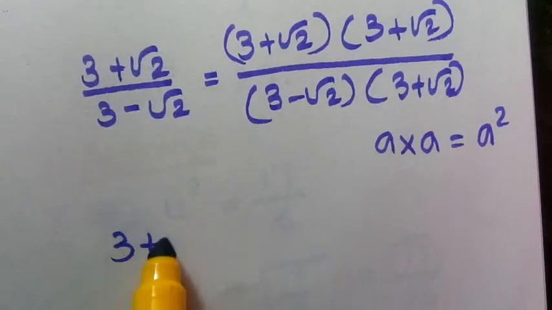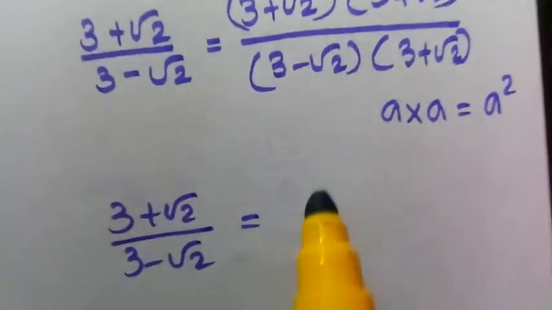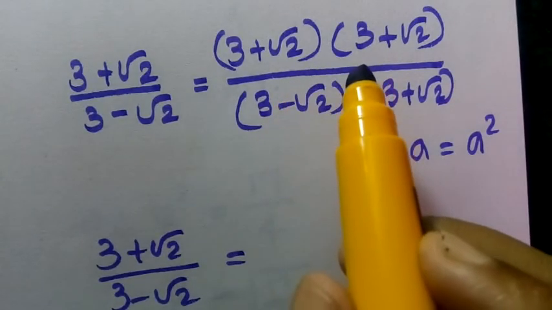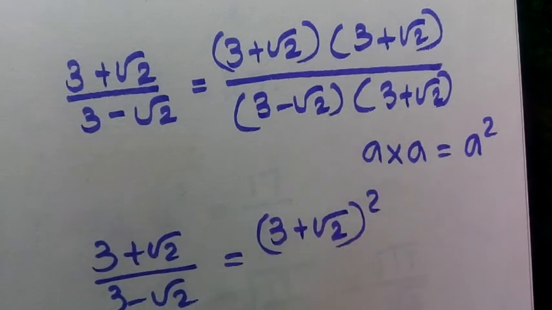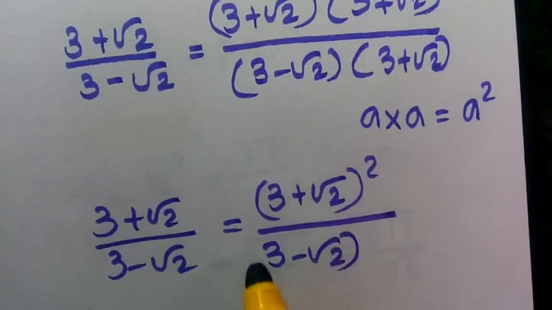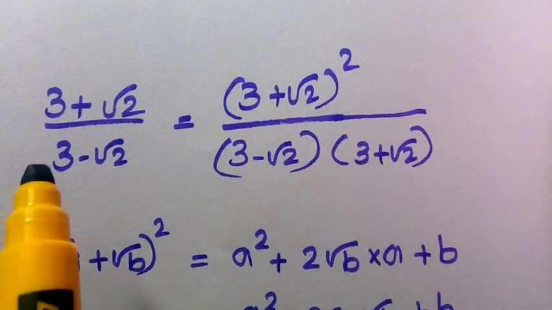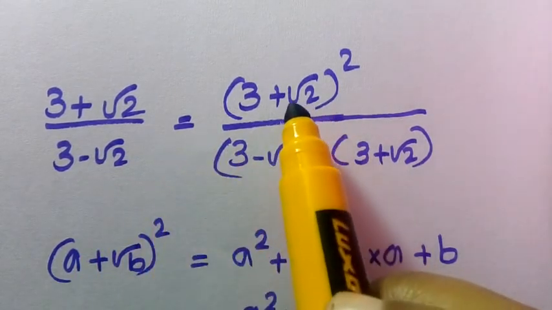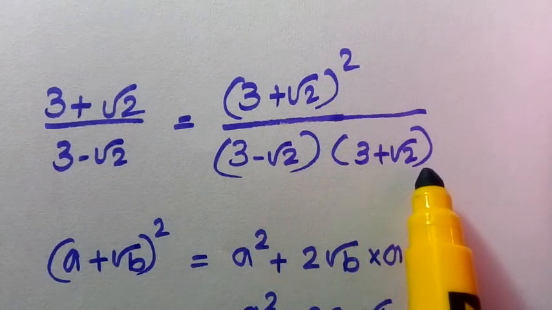So (3 + √2)/(3 − √2) is equal to (3 + √2) the whole square divided by (3 − √2)(3 + √2).